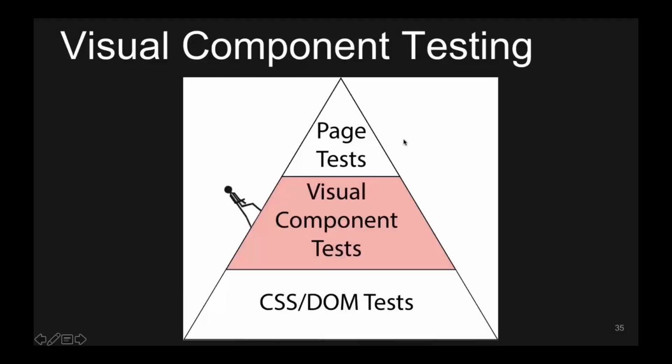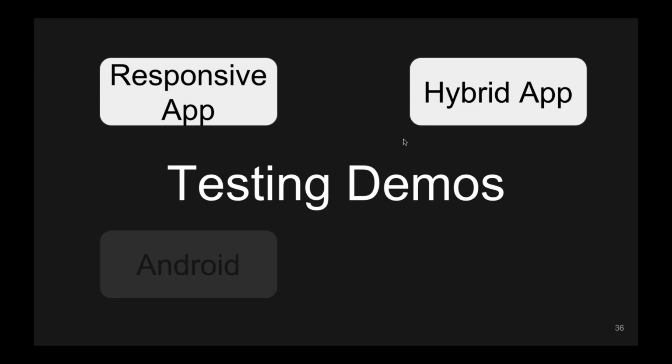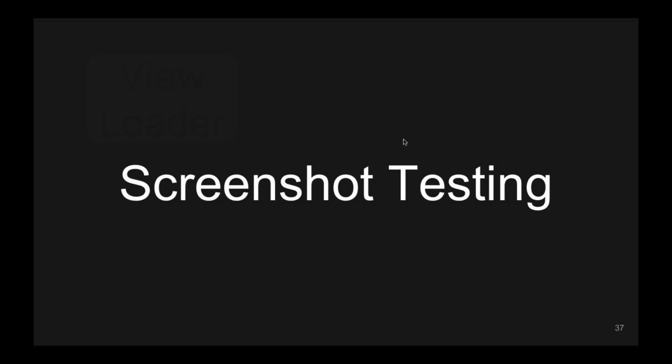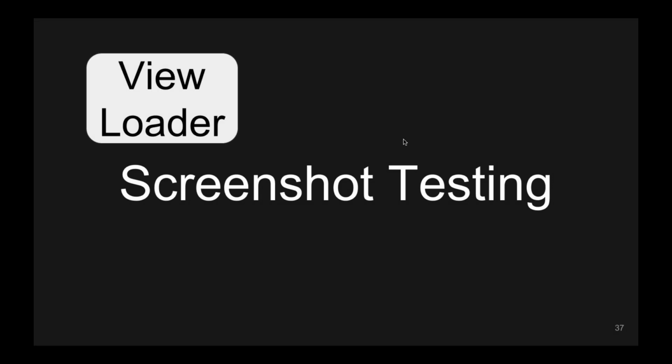But to talk about actual visual component tests, for today's testing demos for this step, we'll have all four: the responsive, hybrid apps, Android and iOS, and we'll try to exercise all of those. Obviously, we'll begin with screenshot testing. All the screenshot testing frameworks out there are based on a few simple components.